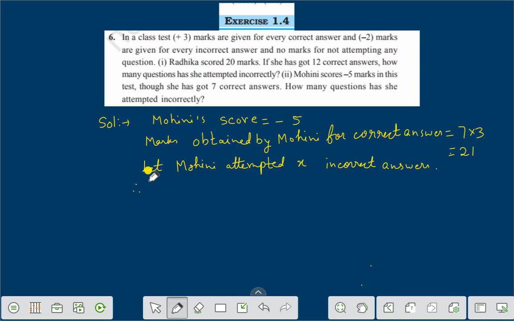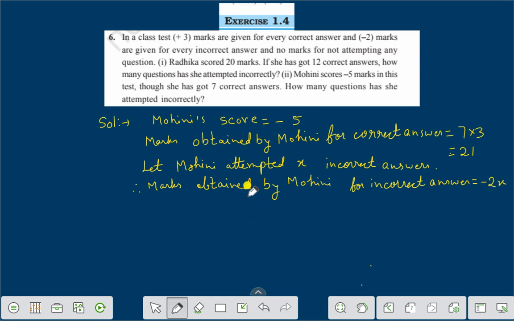Therefore, marks obtained by Mohini for incorrect answer will be, for incorrect answer is minus 2, therefore it will be minus 2x, right?